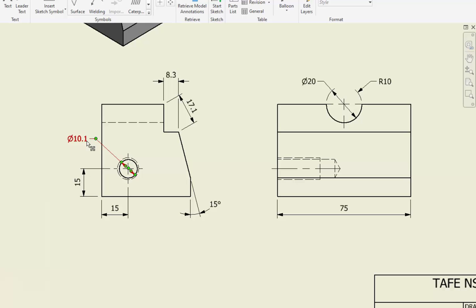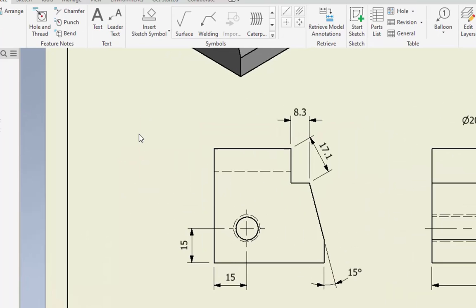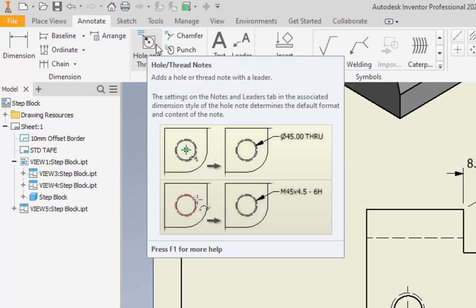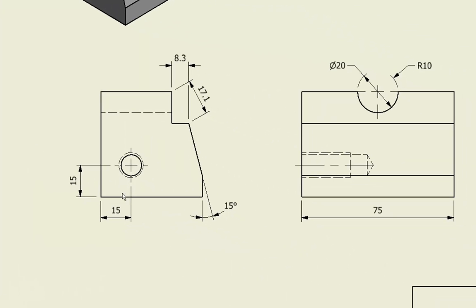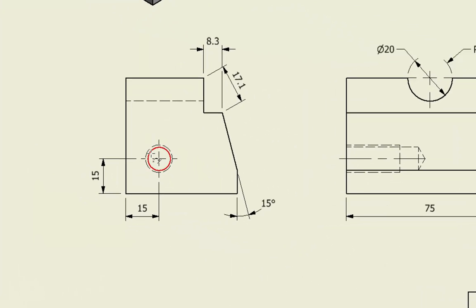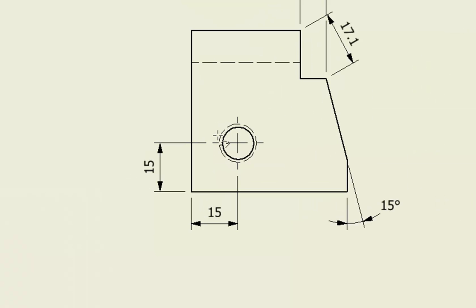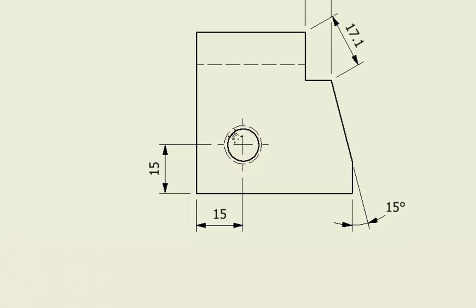So let's just go ahead and delete that diameter dimension from there, and let's go up and activate in the annotate tab the hole and thread note tool. So left click to do that, and again it's just a matter of clicking the circumference of the object. Now it'll be quite happy if you select the outer circumference or the inner circumference.